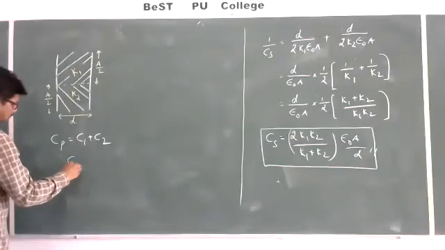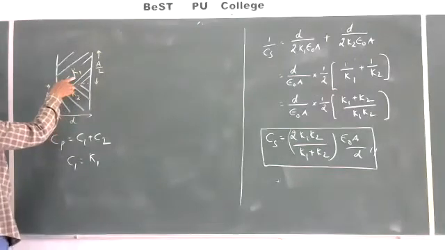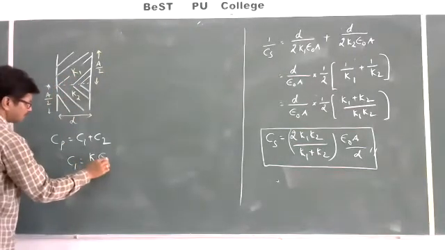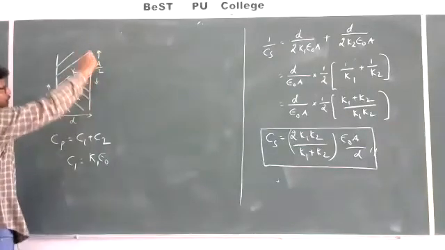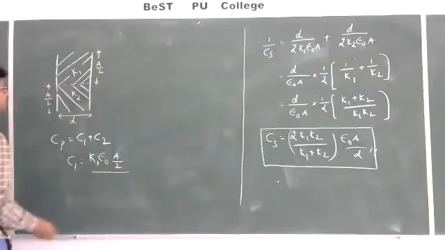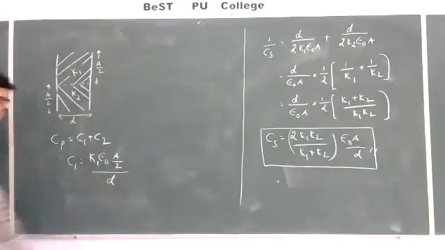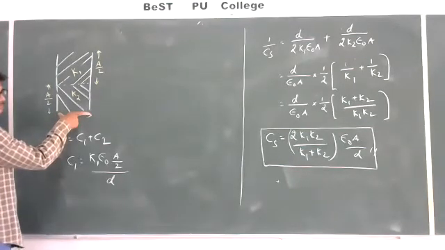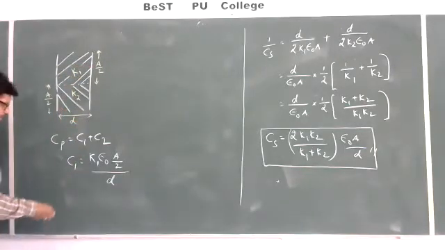C1 is equal to, because it is completely filled with a dielectric medium, K1 epsilon naught. Here the area of each plate is not A. A by 2 is the area of each plate, divided by the distance between the two plates, D. Either you take this capacitor or you take this capacitor, the distance is D only.